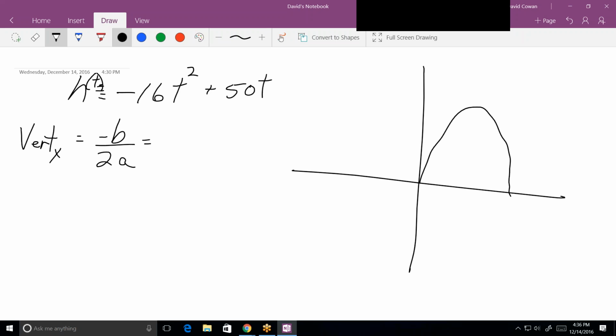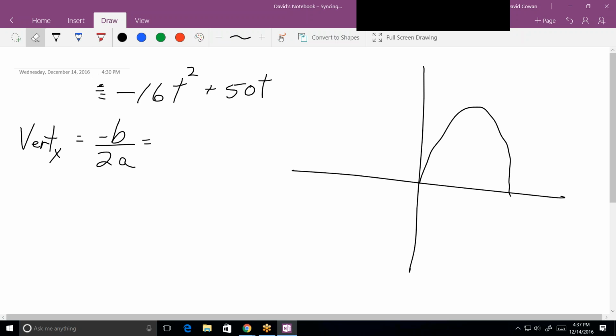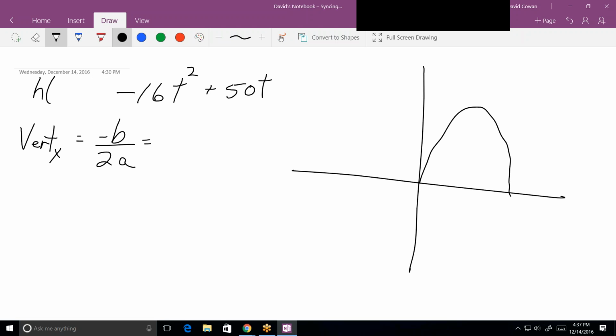Would a be 16? A is the coefficient of the squared term, so minus 16. And b is the coefficient of the non-squared term.